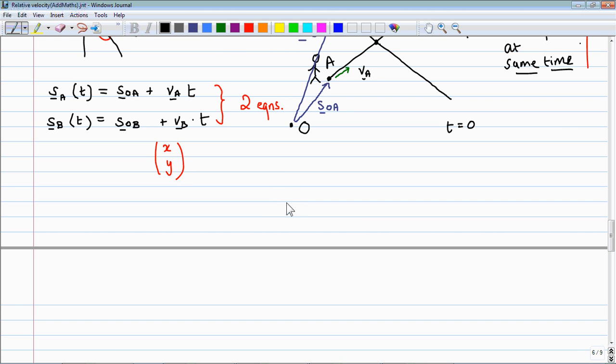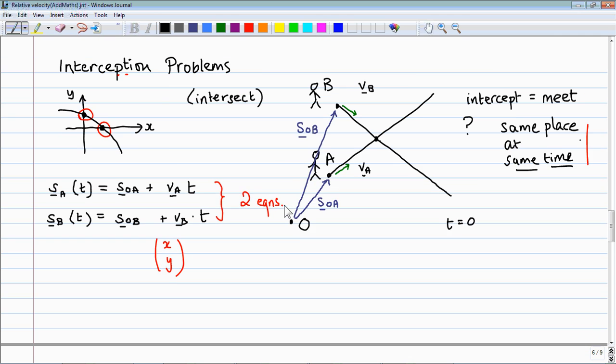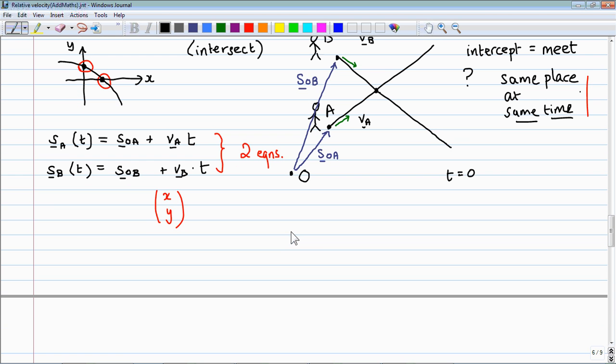So in the example of this diagram here, it would be starting point for A, starting point for B, and draw the displacement vectors. This one here would be the displacement vector for A from the start to the end. This would be the displacement vector of B from the start to the end, and this would be the initial displacement between A and B.